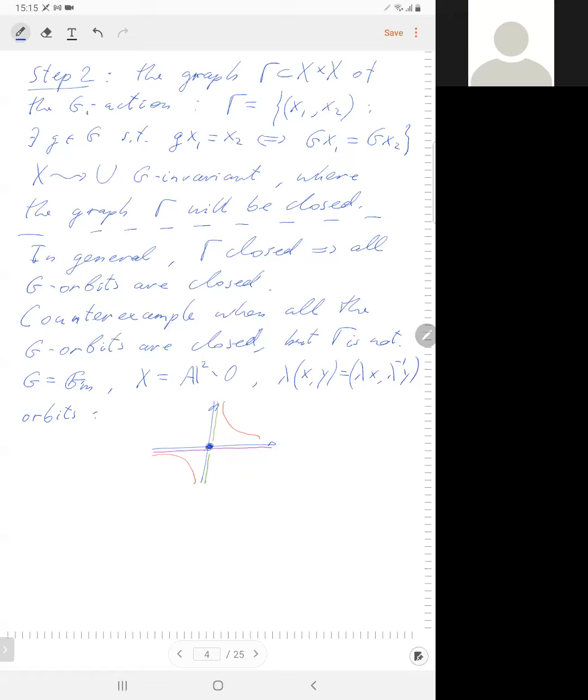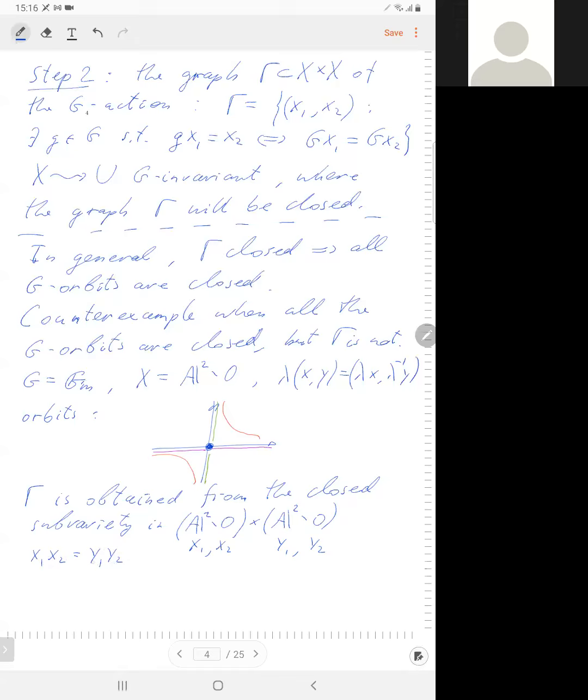So the origin is removed, and now the graph gamma is obtained from the closed subvariety in A2 without 0 times A2 without 0, with coordinates x1, x2, y1, y2, given by the equation x1 x2 equals y1 y2.